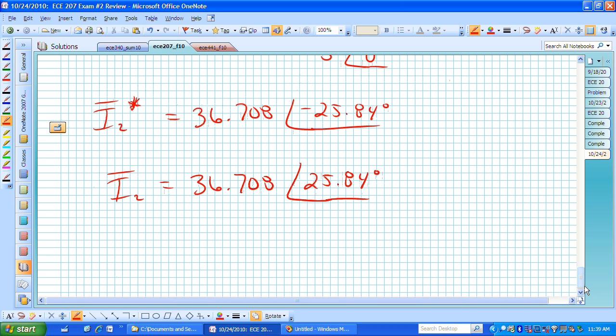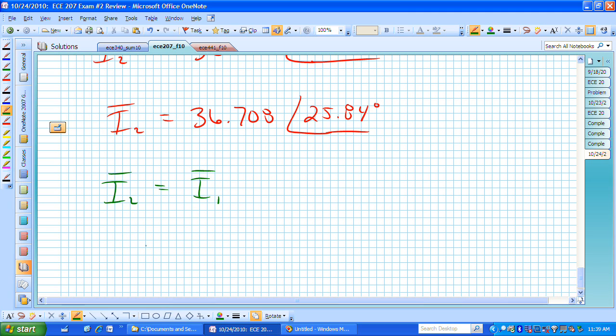What we know is, since they're connected in series, that I sub 2 is the same as I sub 1, and we know I sub 2, and we can find our complex power S1, just that's given to us.